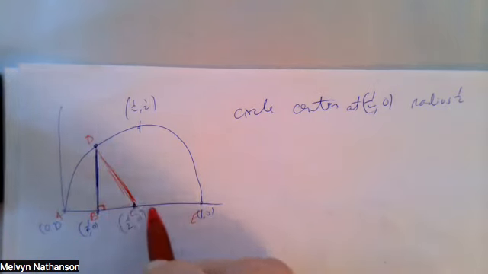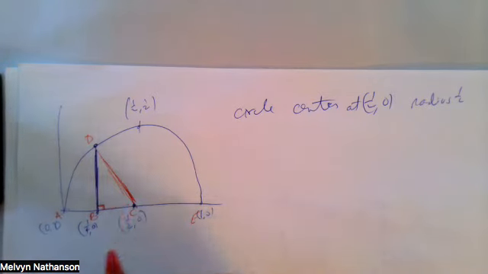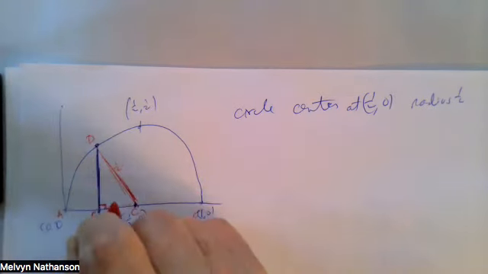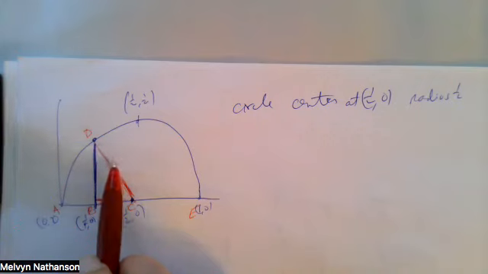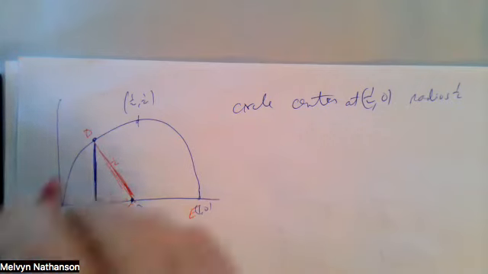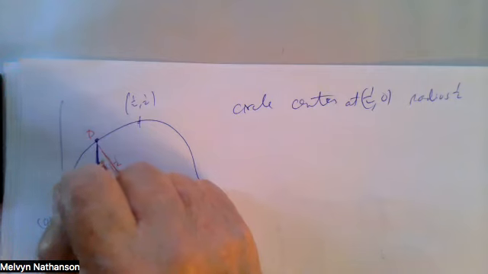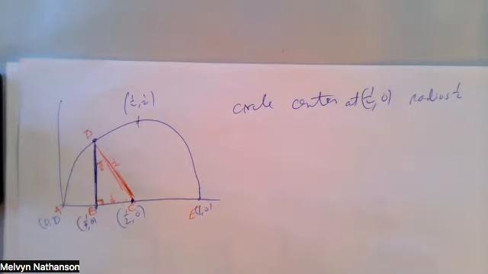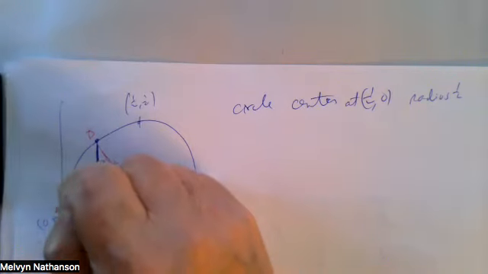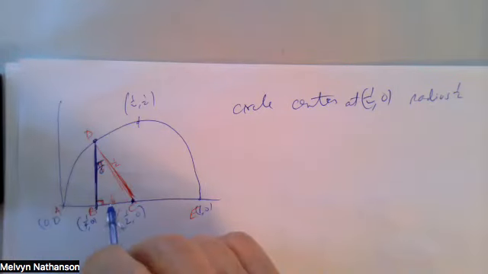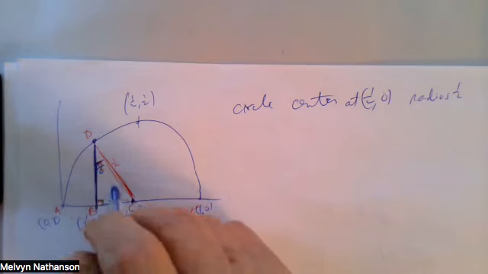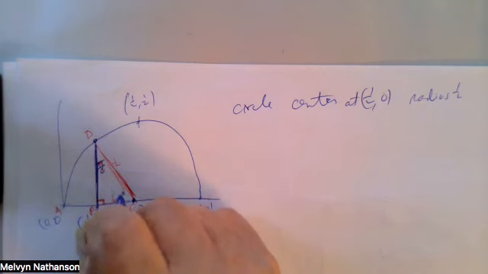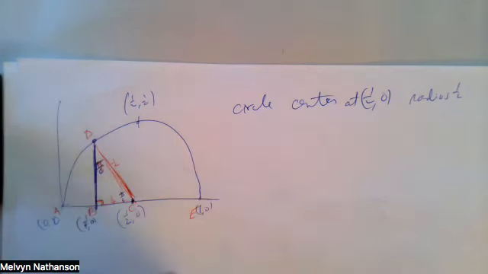This is the radius of the circle. It's a half. So this side of this right triangle is half the radius, half the hypotenuse. That means this angle is pi over 6, or 30 degrees. If you have a right triangle where one side is half the hypotenuse, the acute angle is pi over 6, which means this angle is pi over 3, because these have to add up to pi over 2. So this is pi over 3.